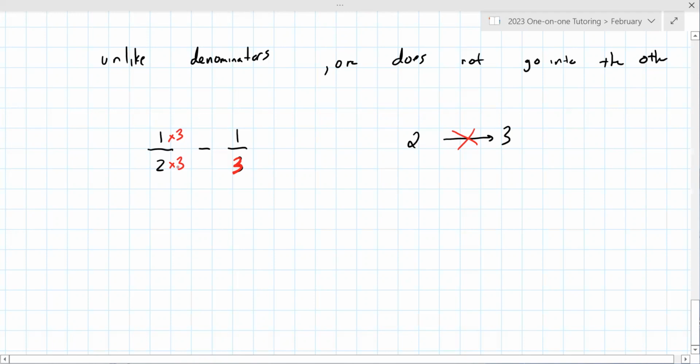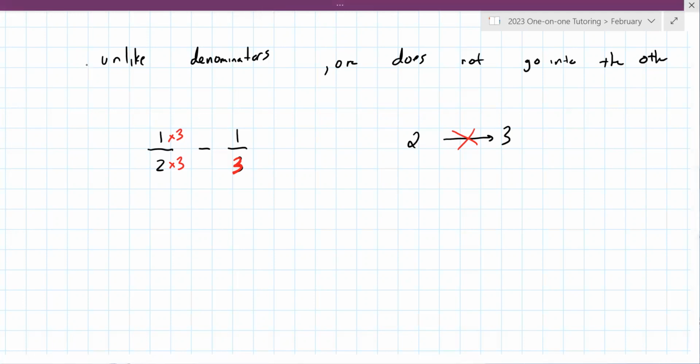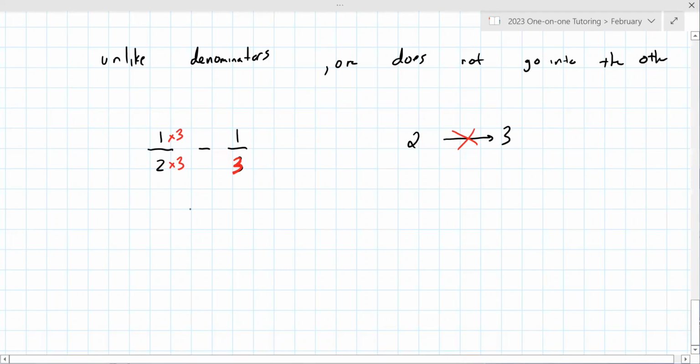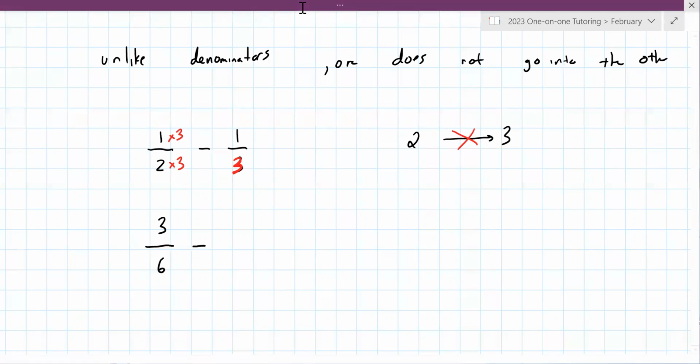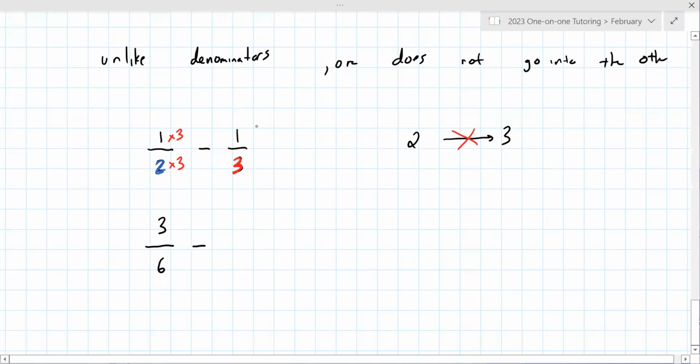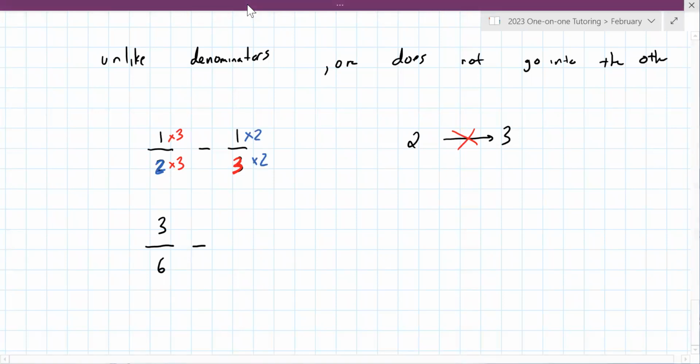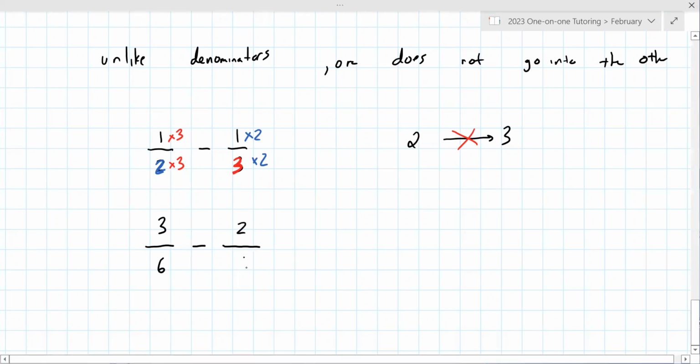I think we've done a little of this. So the one on the bottom right, and we multiply. Yes. So this becomes 3/6 minus 2/6, times 2 times 2. So we're supposed to multiply both of them? Yes.